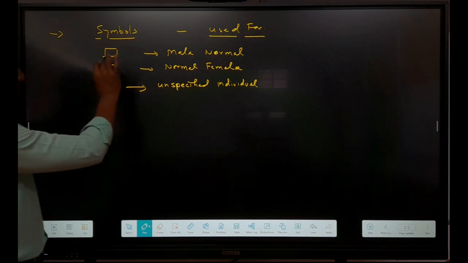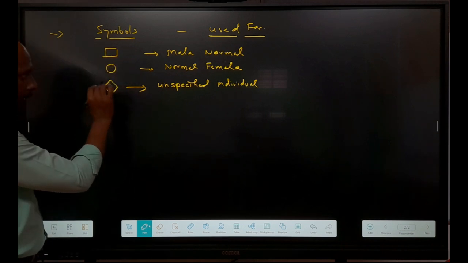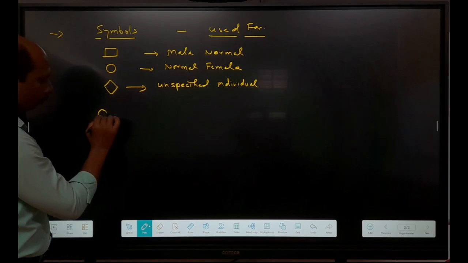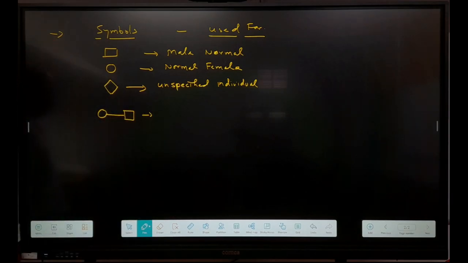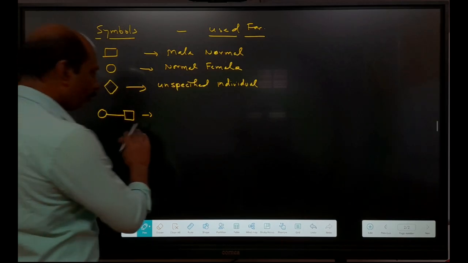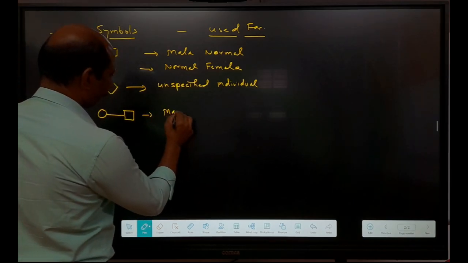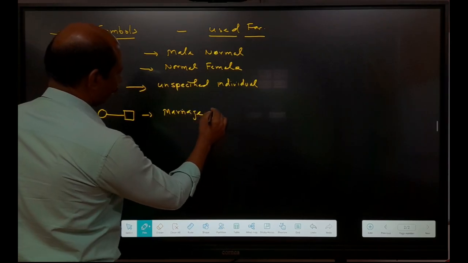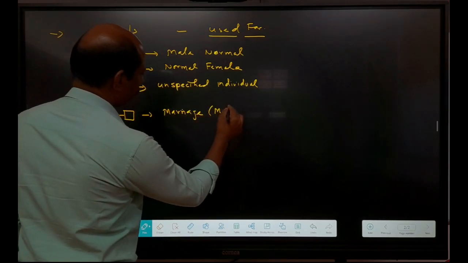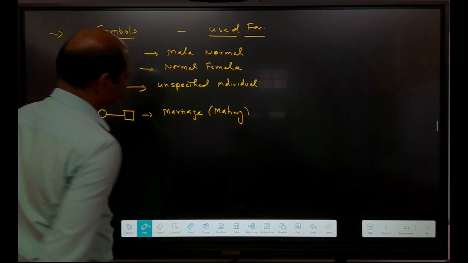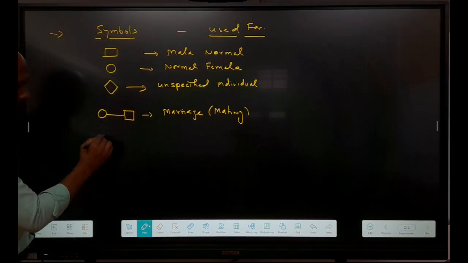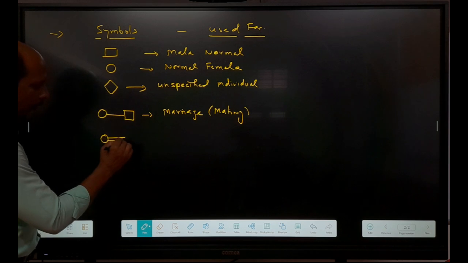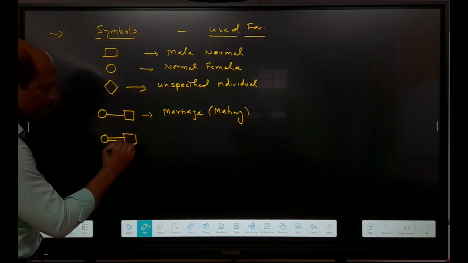Now, then after that, here is female and male. Okay, that means it is the mating between them, and in the human case we can say it is marriage. Marriage is especially used for normal mating of male and female, right? But another mating is represented by a double line.